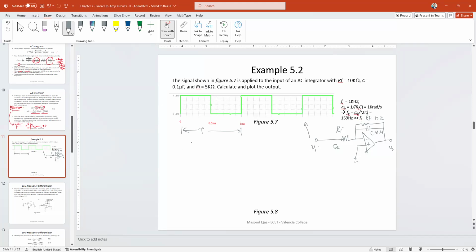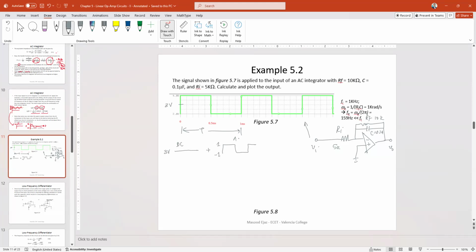Now I can break this waveform down into DC component, that is the middle value, which is 3 volt, and a square wave going between 1 volt and negative 1 volt. So this input can be written down as a DC component of 3 volt plus an AC component of a square wave between negative 1 and positive 1.